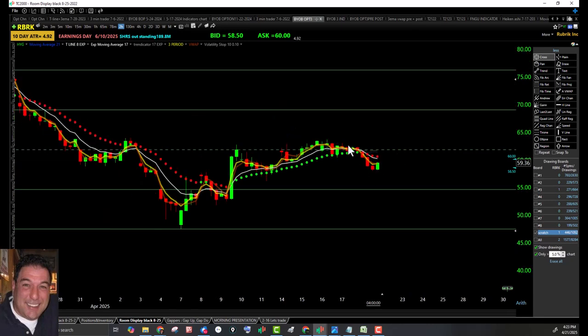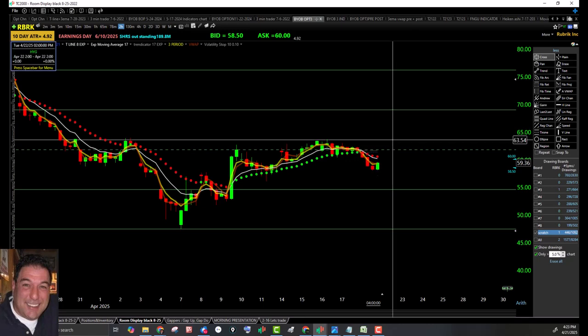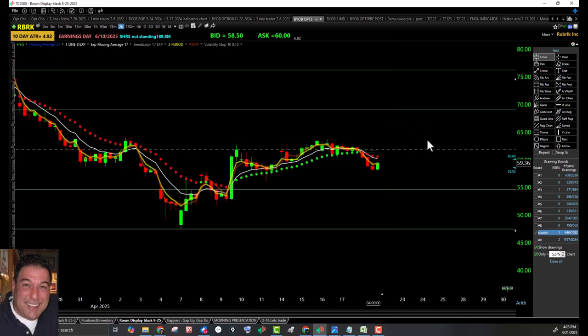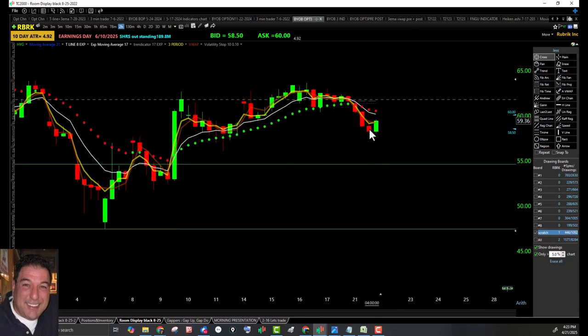So not only negate these 4 red candles to be bullish, but I'd also need them to break through resistance up here and hold the higher ground at 65. Okay, you got a bullish engulfing. See if you get follow through on that tomorrow. Does that make sense? RBRK, Roger?